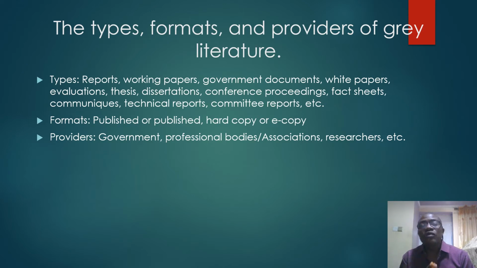Then, in terms of formats, we have them published and unpublished. We also have them in hard copies and in e-copies, depending on which format is easily accessible to the investigators.